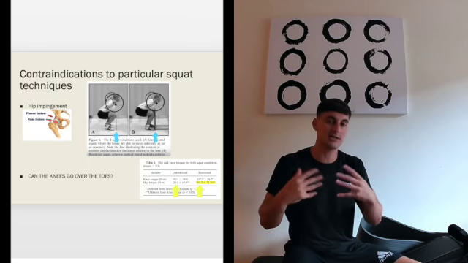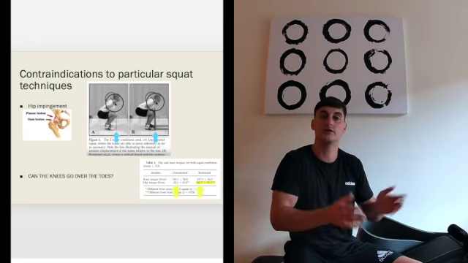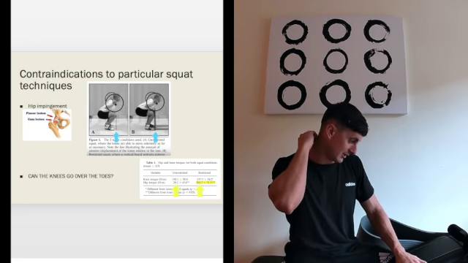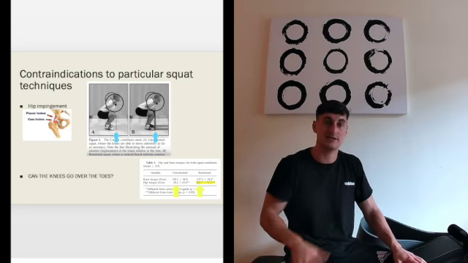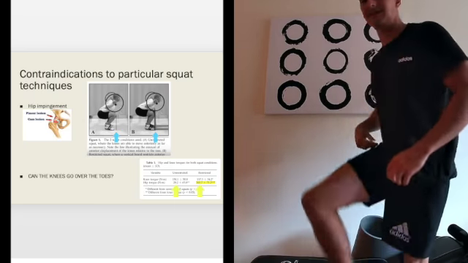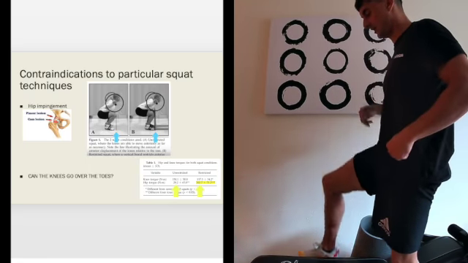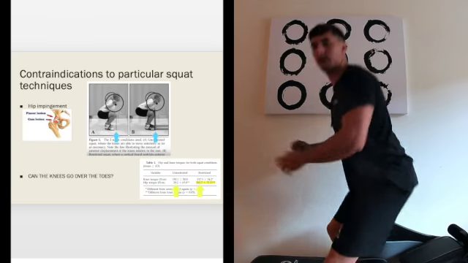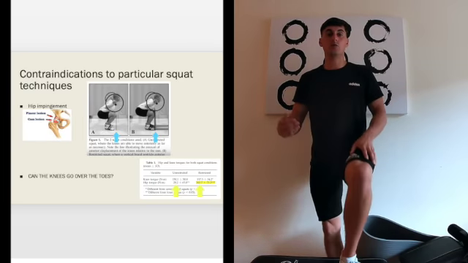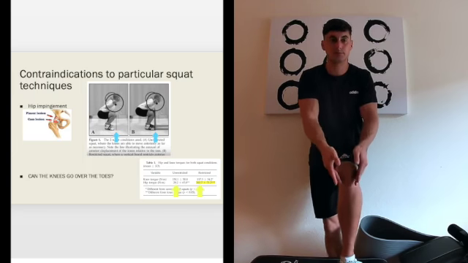Originally, the best way to tackle this is to go through the progression of research. They did a bunch of studies and had people cue up vertical shin angle, so their knees did not track over their toes. They purposely had them squat, pushing their hips back, right? And what they saw was way less tension being driven through the patellar tendon and patellar ligament.